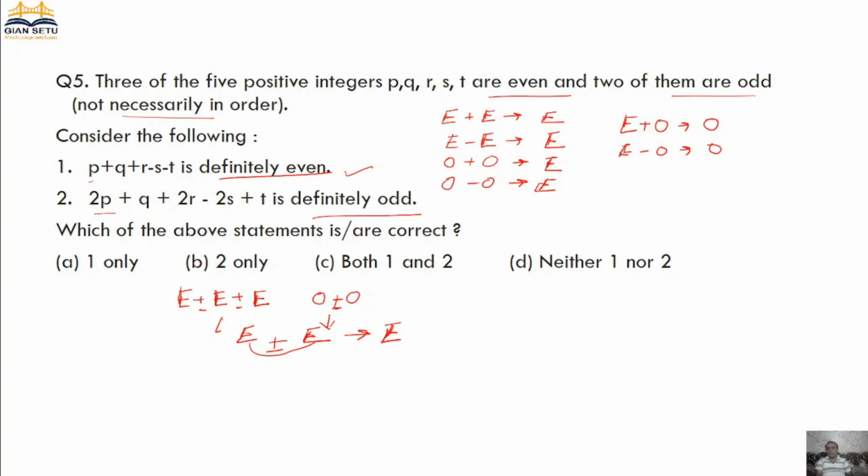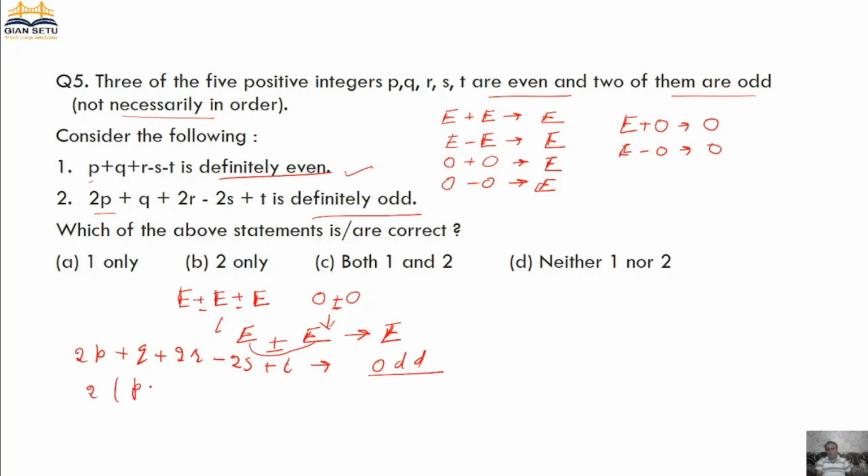Now let's see statement 2. Here we have 2P plus Q plus 2R minus 2S plus T is odd. Now let's see. First let's take 2 as common.